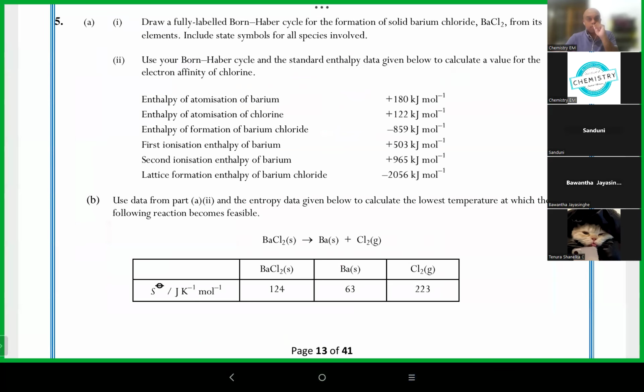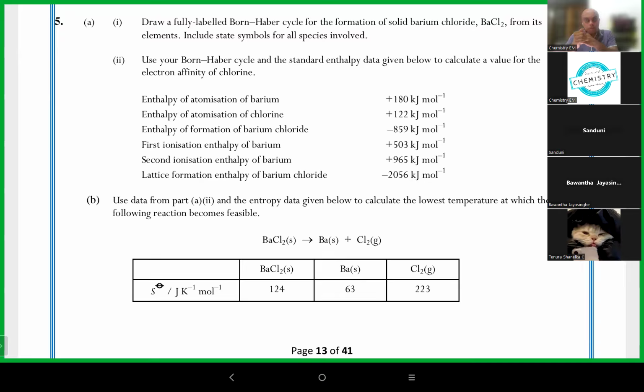This is the question. Draw a fully labeled Born-Haber cycle for the formation of solid barium chloride, BaCl2, from its elements. Include state symbols for all species involved. So let's try to draw the Born-Haber cycle, but we need to have some idea about the information given as well.